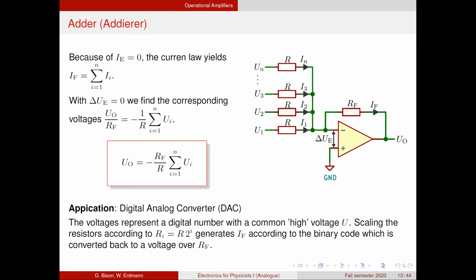We can not only make the difference between the voltages, we can also add voltages. And this is another very common amplifier that uses up to an arbitrary number of inputs and adds all those voltages together. And how does it do that? Each voltage is converted to a current. One golden rule says there's no current going into the amplifier here.